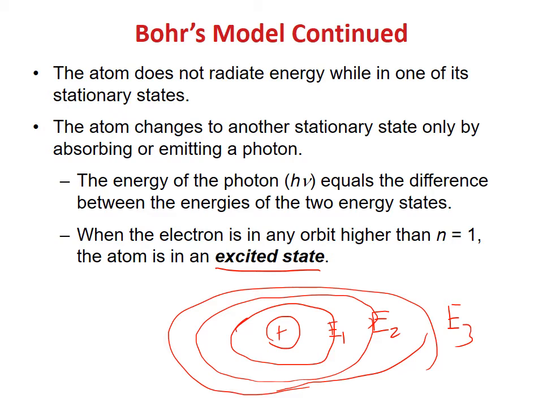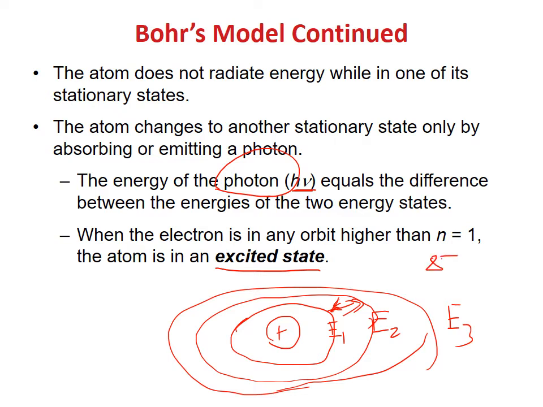The electron can jump between these energy levels. If an electron goes from E1 to E2, energy increases. Where does energy come from? It must absorb a photon, in other words, absorb light. The energy of the photon, h nu, must equal the energy difference between E1 and E2.